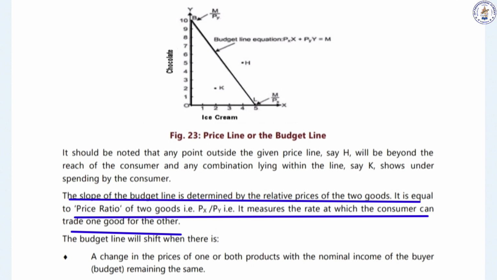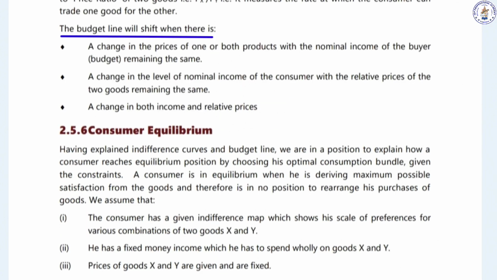It is equal to the price ratio, that is, price of X divided by price of Y. It measures the rate at which the buyer can trade between these two products. Either he can go for X or he can go for Y. Alternatively, he can exchange.